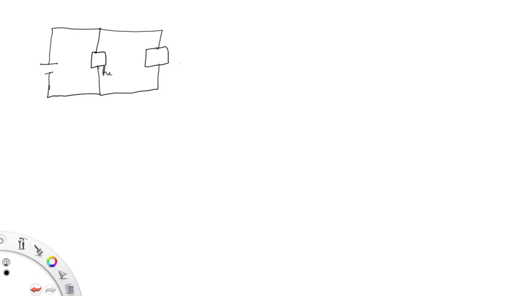This is R1, R2, and we said R1 is equal to 40 ohms, R2 is equal to 20 ohms, and we said earlier that I1 flowing this way is 3 amps, and this flowing this way is 6 amps, and IT is here, and 120 volts is here.